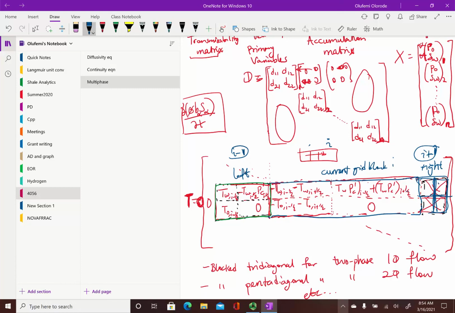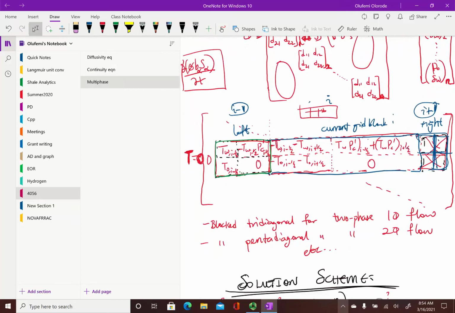So this is the structure of your transmissibility matrix. All of this is just to give you a pictorial view of how it works.